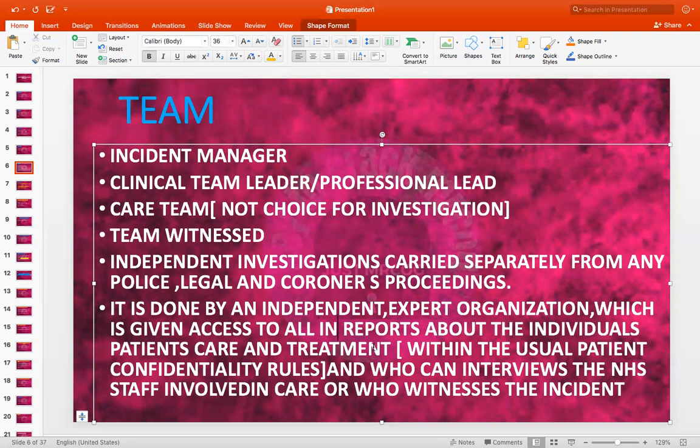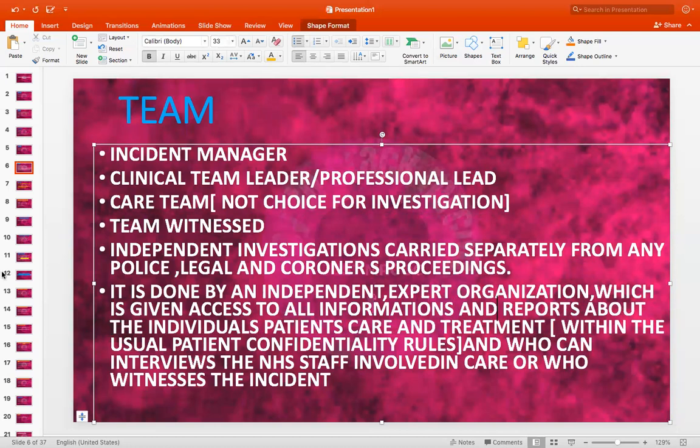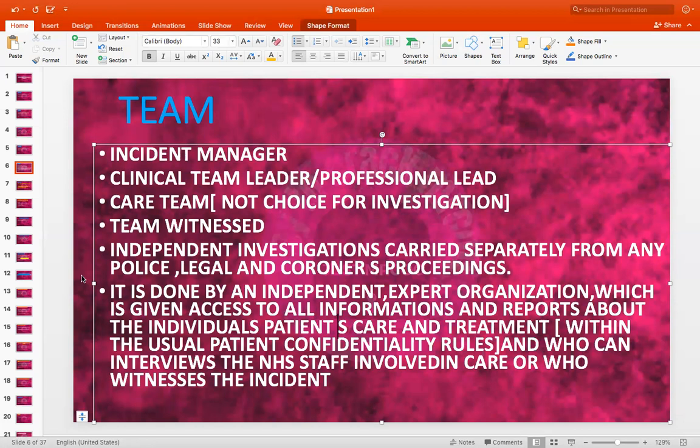all information and reports about the individual patient's care and treatment within the usual patient confidentiality rules. That is very important.